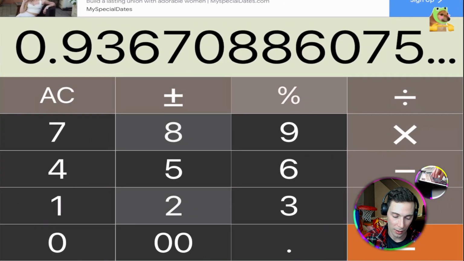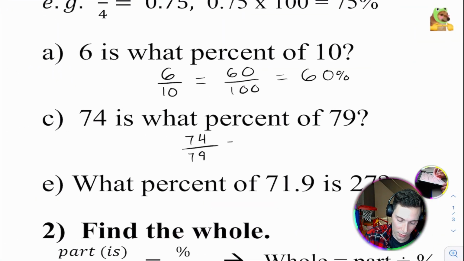I'm going to round that up to 0.94. So 0.94 can be changed.